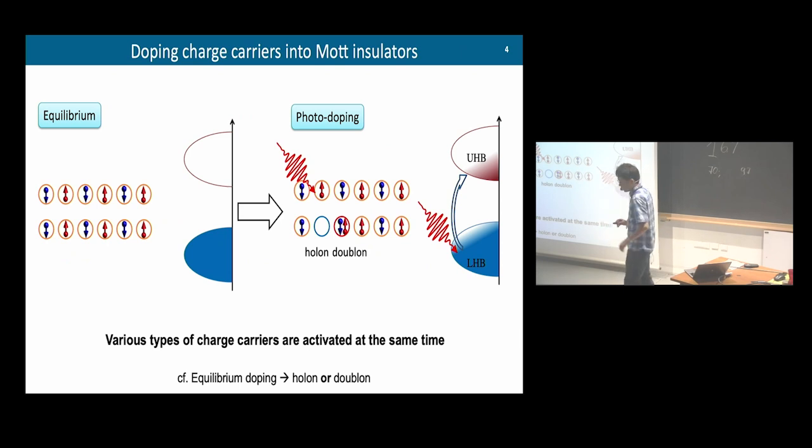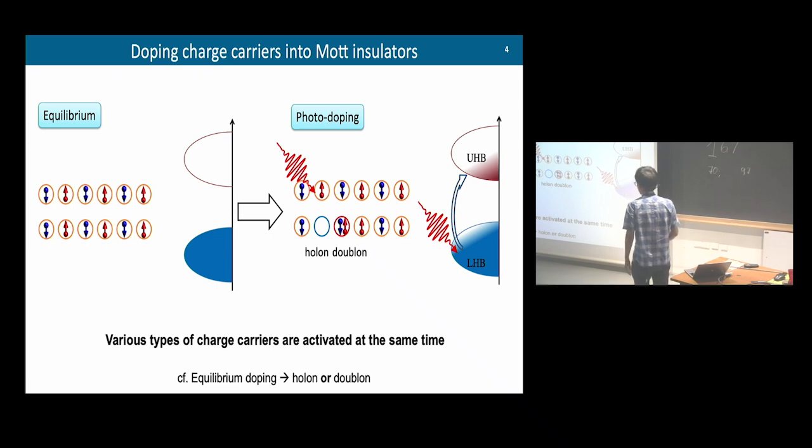On the other hand, non-equilibrium setups allow us to do this kind of doping in a different way. Let's imagine this initial Mott insulating phase. Now we think of exciting this system using a laser across the Mott gap. Now we have a situation where the system has non-occupied sites, holons, and doubly occupied sites, doublons.